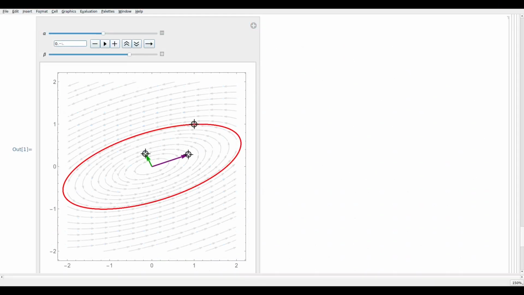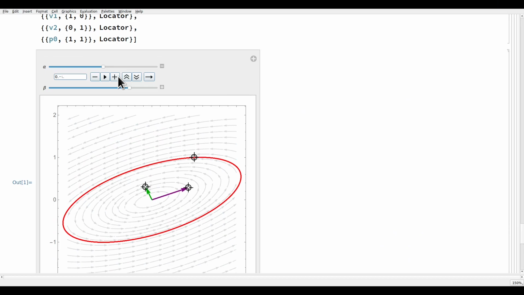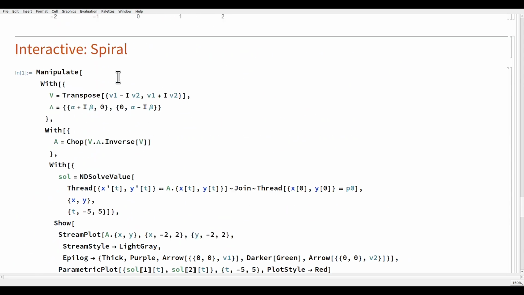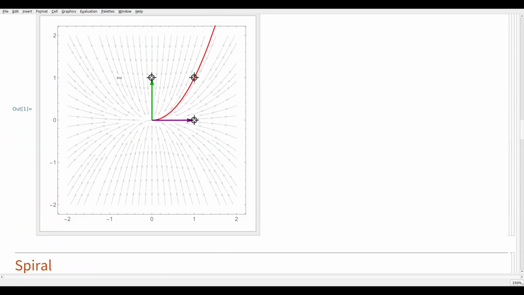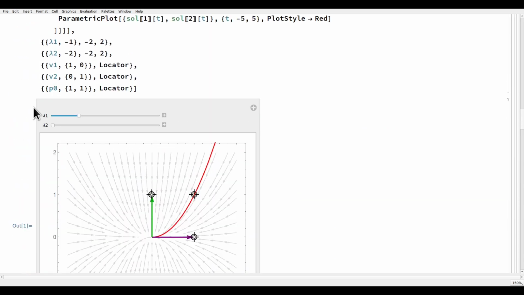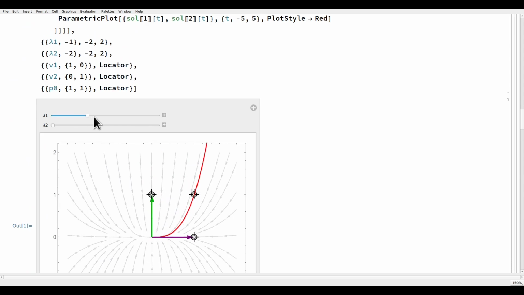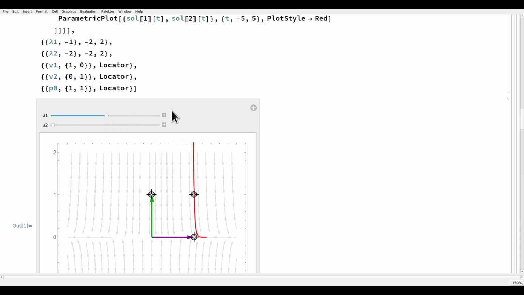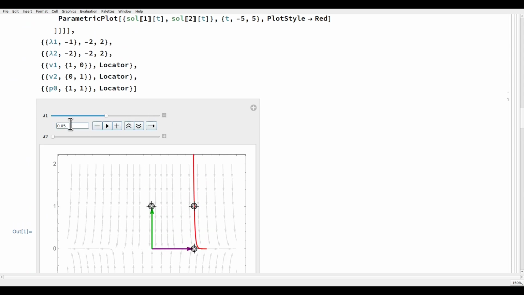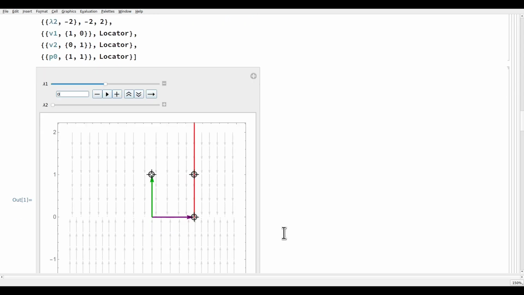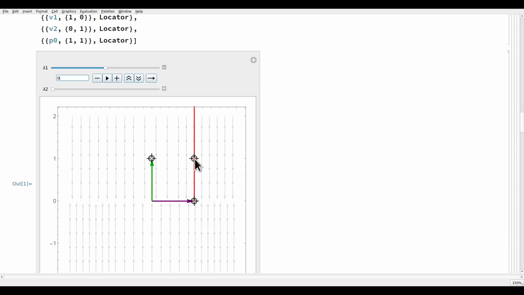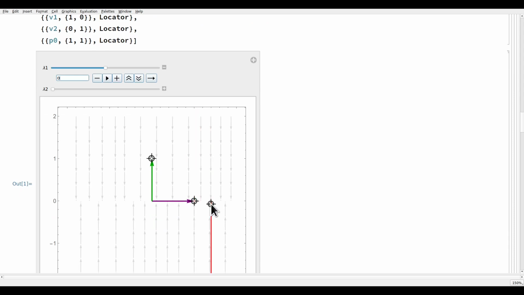And to show you some of the numerics, let me go back up here to my previous interactive diagram, and I'm going to set lambda 1 to be exactly equal to 0. Actually, let me just type it in. 0. And if I move this to be, well, it's hard to do.